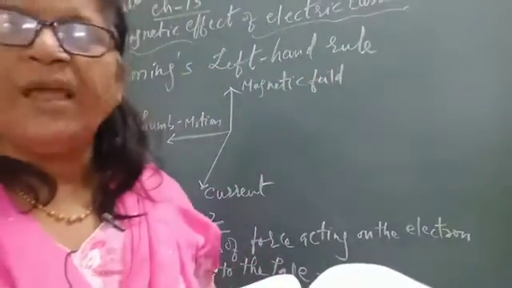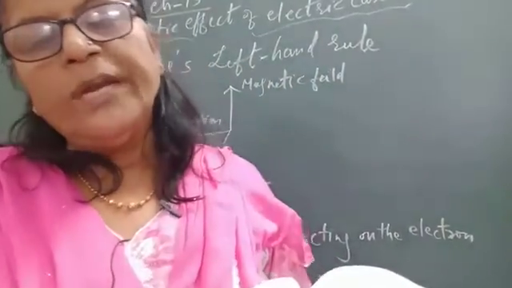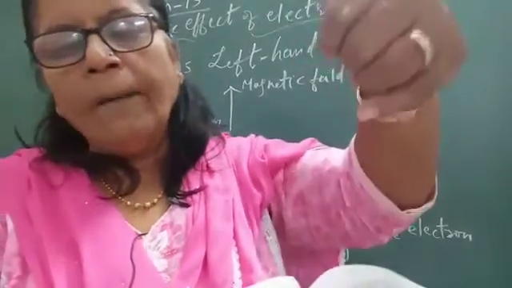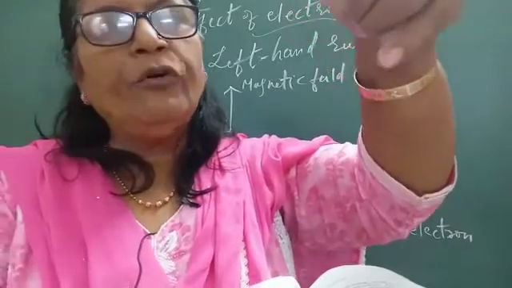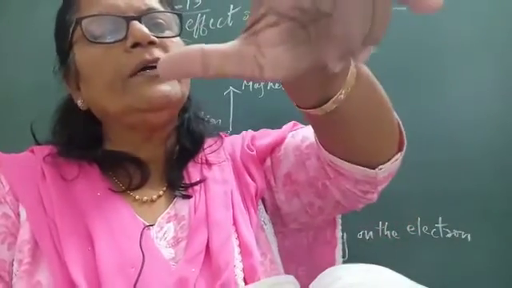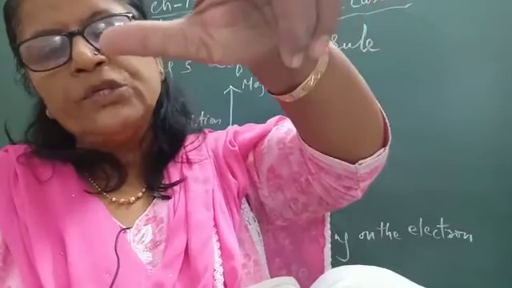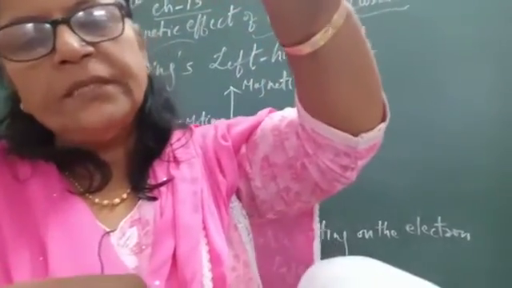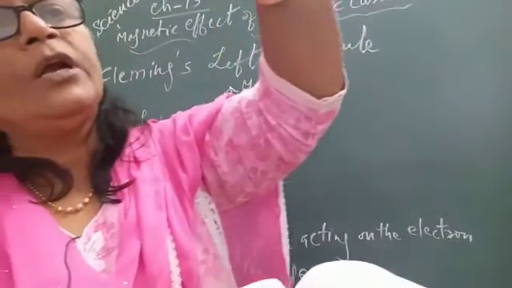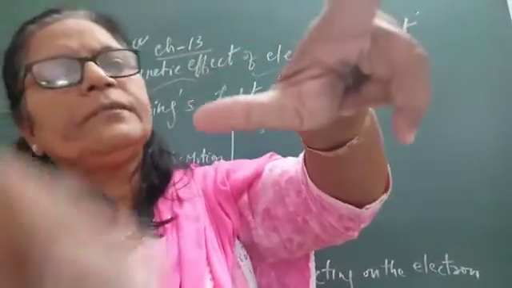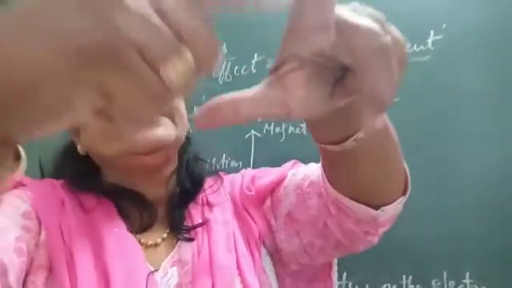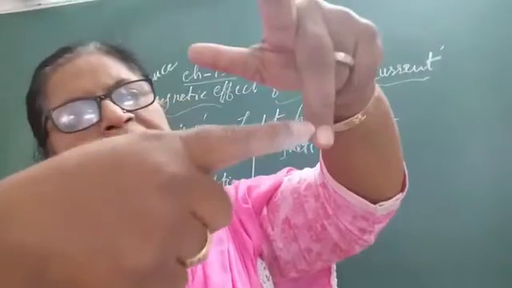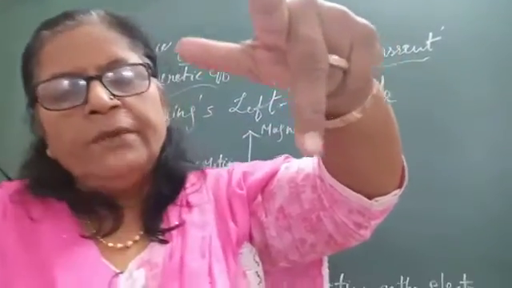Now let us see what Fleming's left hand rule is. According to this rule, first stretch the thumb, then the forefinger and the middle finger of our left hand so that they are mutually perpendicular. The thumb is at 90 degrees with the forefinger, and the forefinger is at 90 degrees with the middle finger.